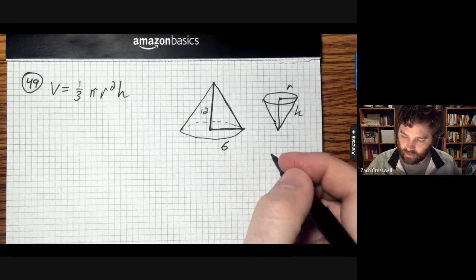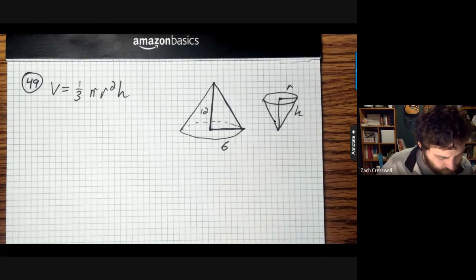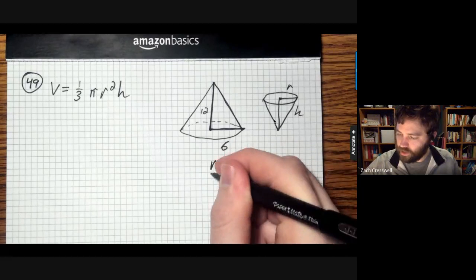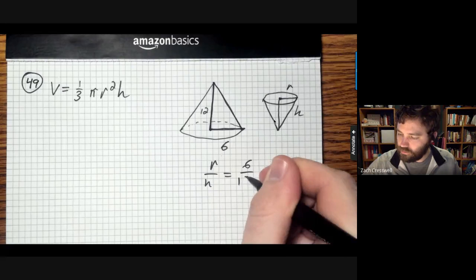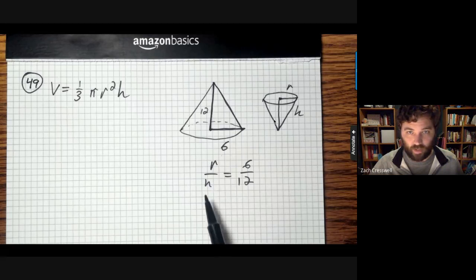So r is to h as 6 is to 12. Then we can either eliminate r or h. I probably should eliminate h because then I won't have to square it.